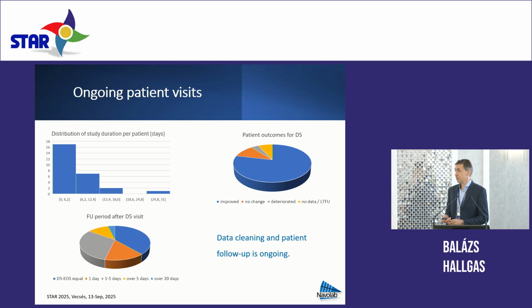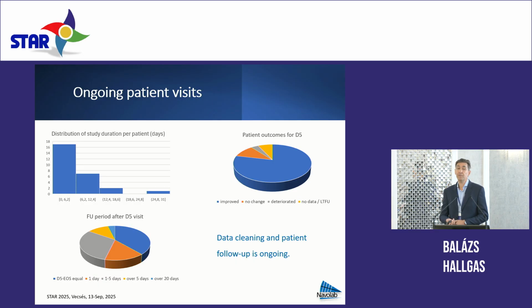What is interesting is that the grand majority of the patients are finishing the study within 6 to 7 days. This is what you see on the very first histogram, that 16 of the total patients finished the study within 6 days, up to D5.